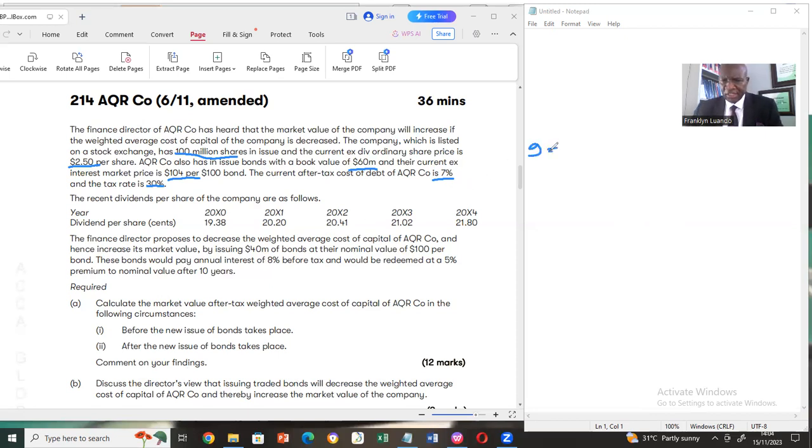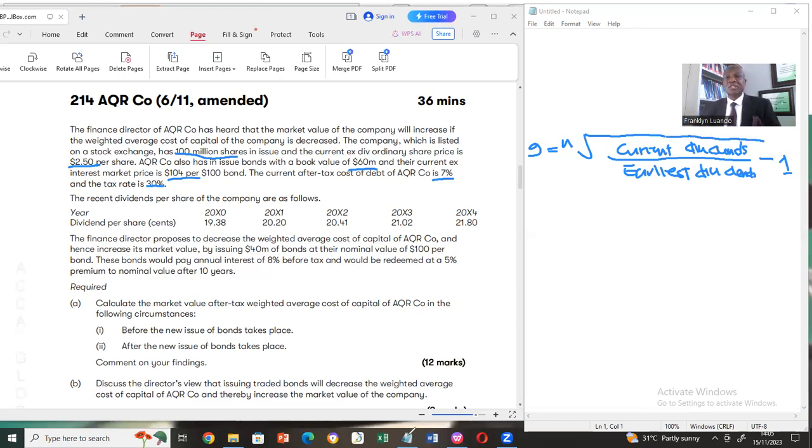The growth in dividend is calculated using the historical method: current dividends paid divided by earliest dividends, minus 1. So that is how you determine the growth.